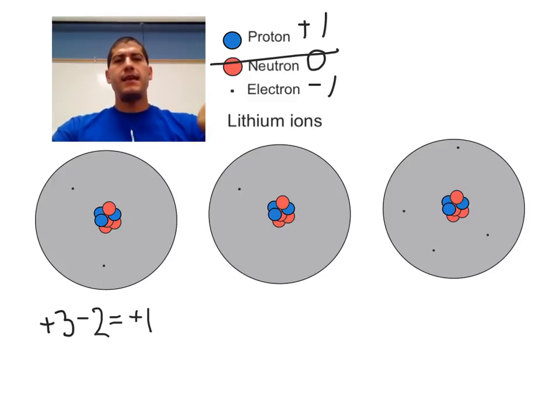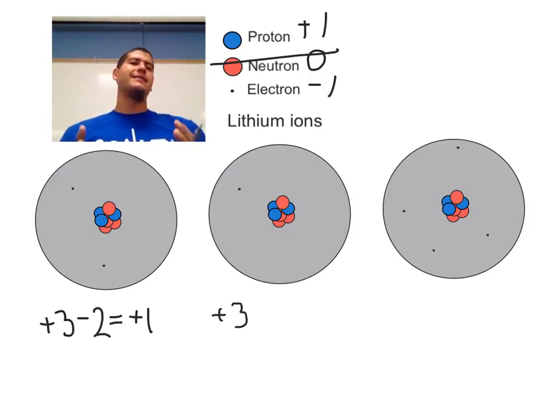In the next example, our lithium atom still has 3 protons, which give it 3 positive charges. Notice that the ion still has 3 protons. Remember that atomic number identifies the atom for what it is. Because all 3 of these atoms have 3 protons, they are all lithium atoms.